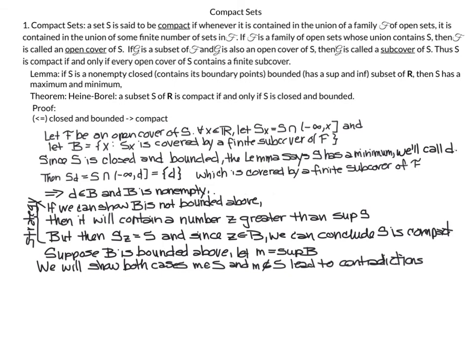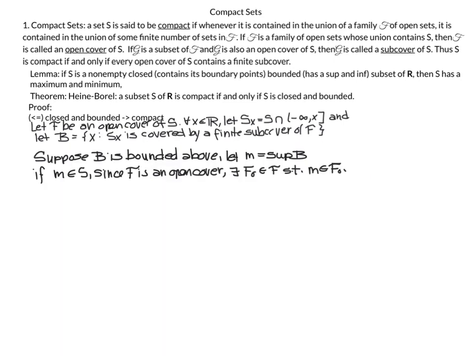So we're going to show that B is not bounded by contradiction, by starting with assuming that B is bounded above, and we're going to let M equal the max or the sup of B. We'll have two cases, where M is in S and where M is not in S, and both will lead to contradictions.